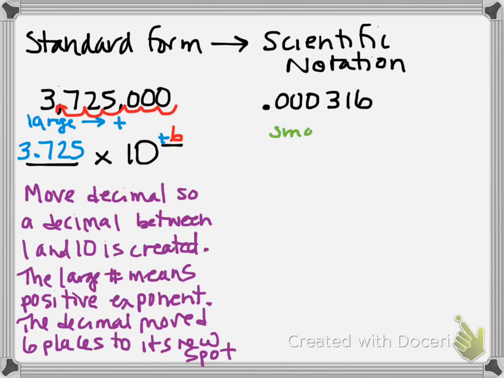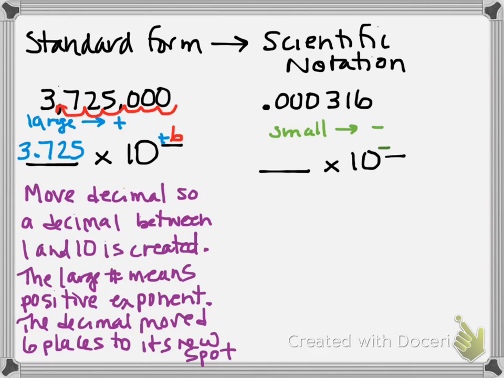And so what kind of exponent are we expecting? We're going to get a negative. So again, our frame is we need to find some sort of decimal value that's between 1 and 10. We're going to multiply it by a power of 10. And we already know that the exponent is going to be negative. Okay? So what decimal would we rewrite this number as that would fall between 1 and 10? So that's our parameters.